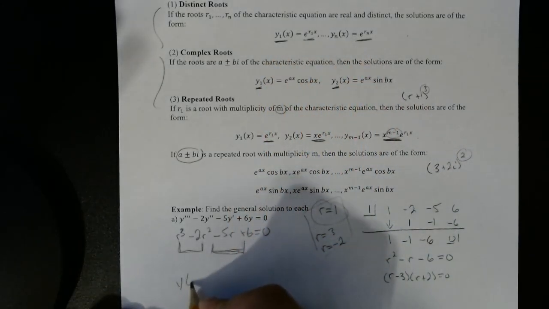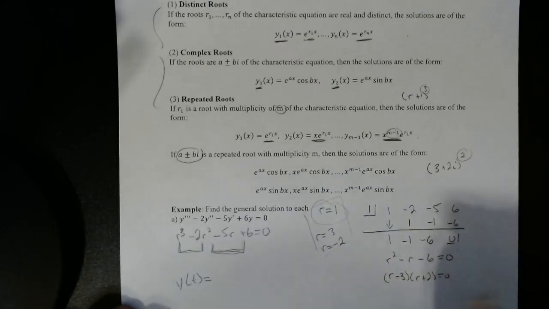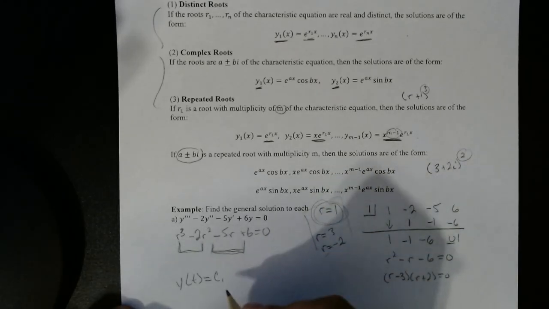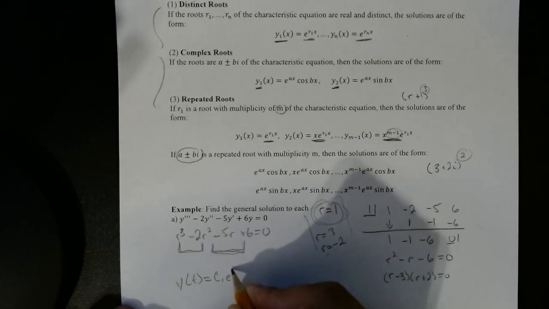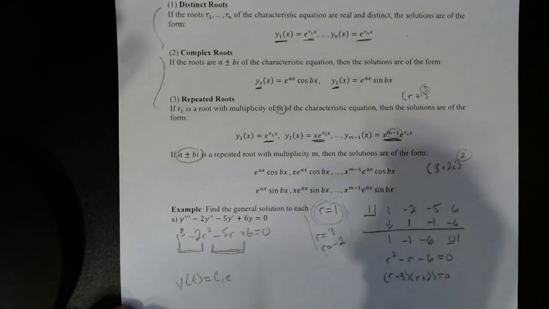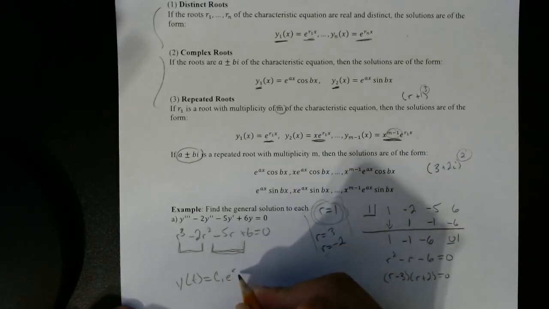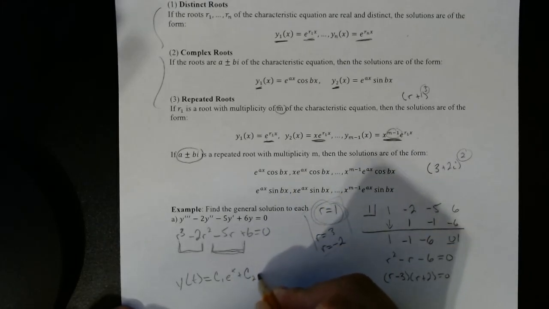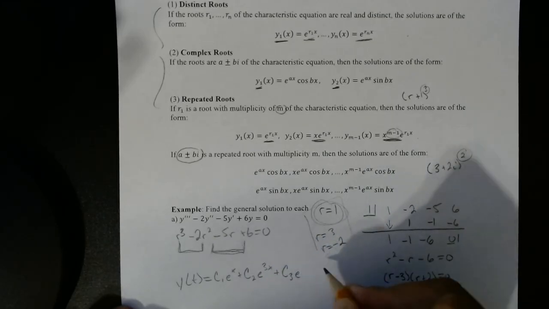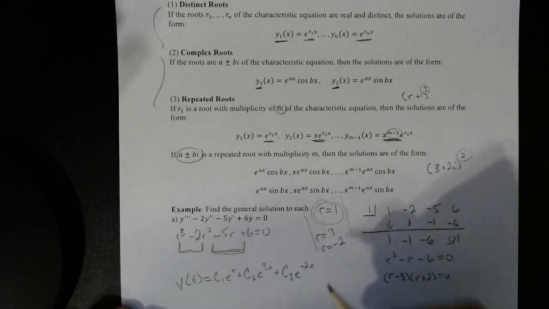So our solution is going to be C1, I'll use this one for the first one, e to the rx, so 1 times x is just x, plus C2 e to the 3x, and then finally plus C3 e to the negative 2x.